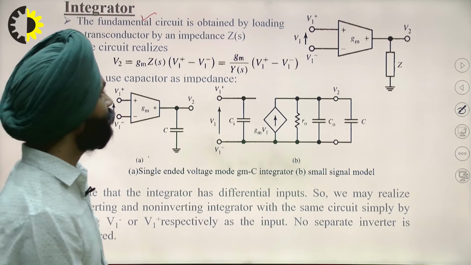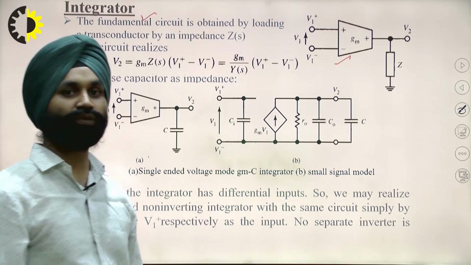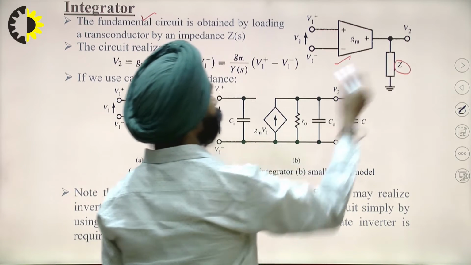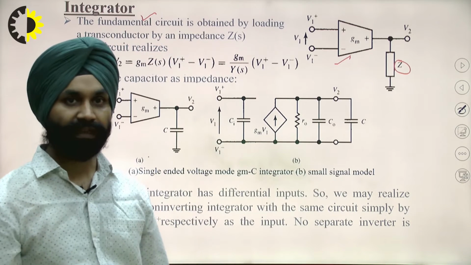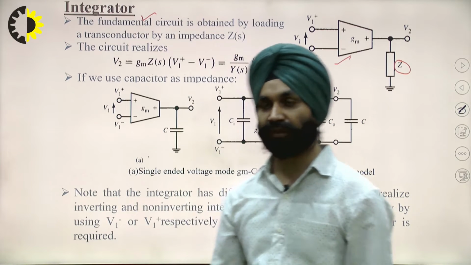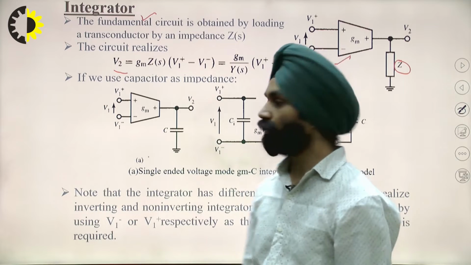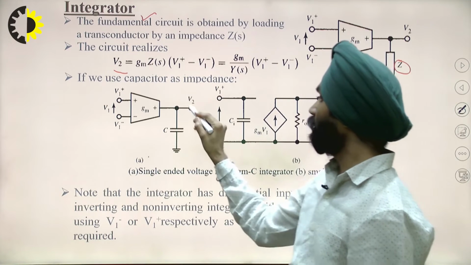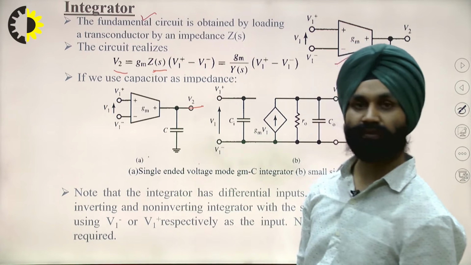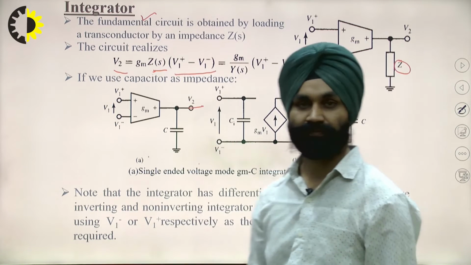Now, suppose we have a transconductance amplifier with some load Z over here. Then again, by using the transconductance amplifier's equation, we can have the output V2 equal to Gm into the resistance into the voltages.